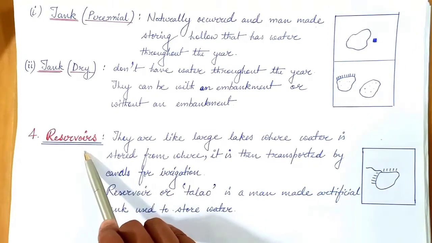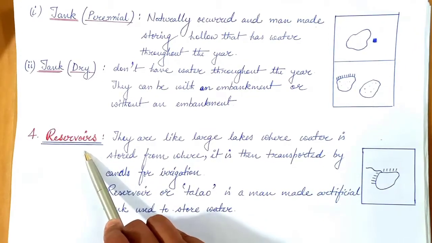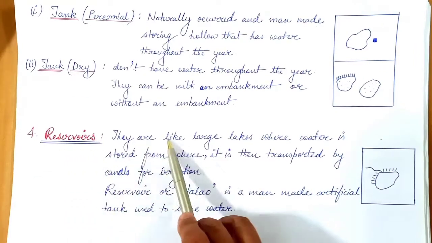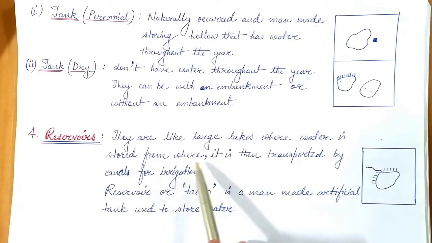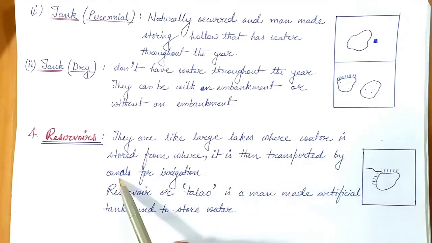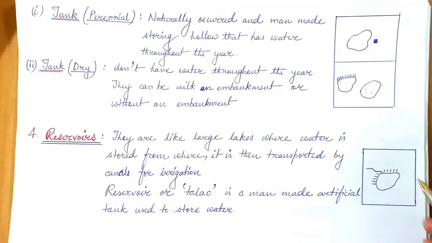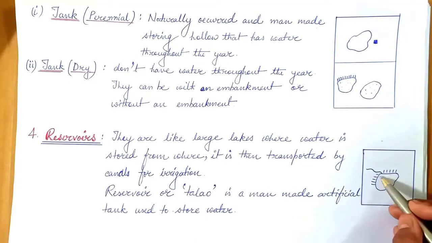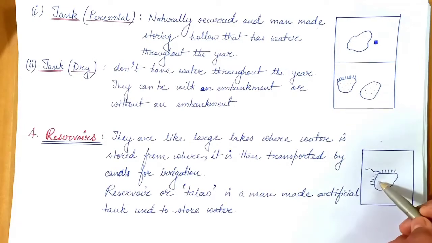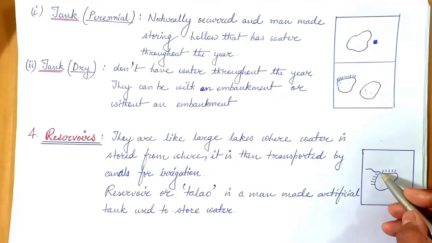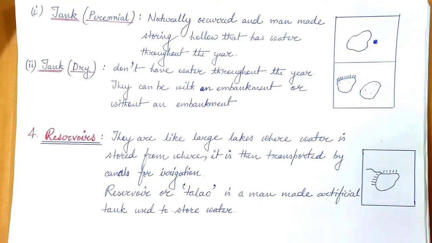Reservoirs are also important means of irrigation. They are like large lakes where water is stored, from where it is then transported by canals for irrigation. You can see here it's a big lake or structure where water is stored, and then from here it is again carried through a canal to a nearby area, maybe to an agricultural field.